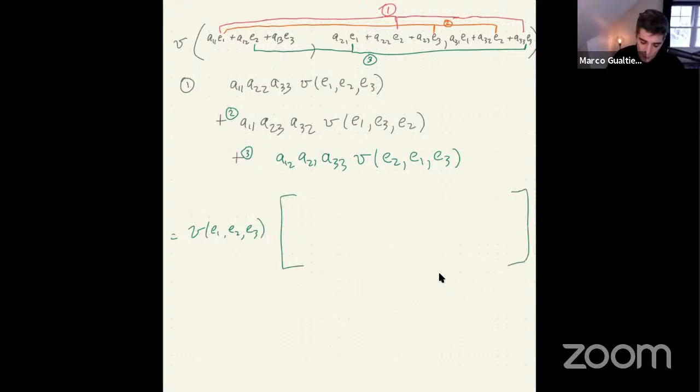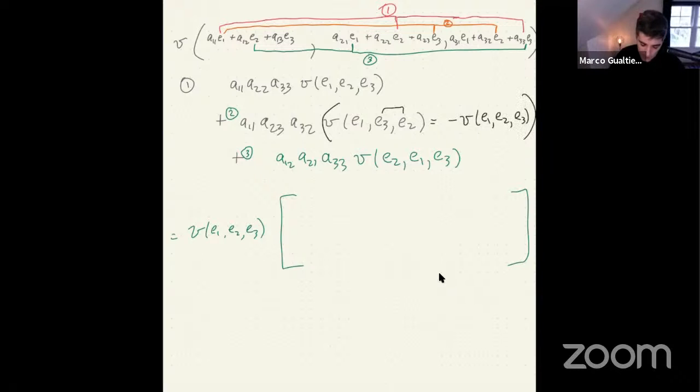If I take it out here, I cannot take it out here. It's wrong. They're not the same. So instead, I need to use the property that I can switch 2 and 3. And this will be equal to minus V, E1, E2, E3.